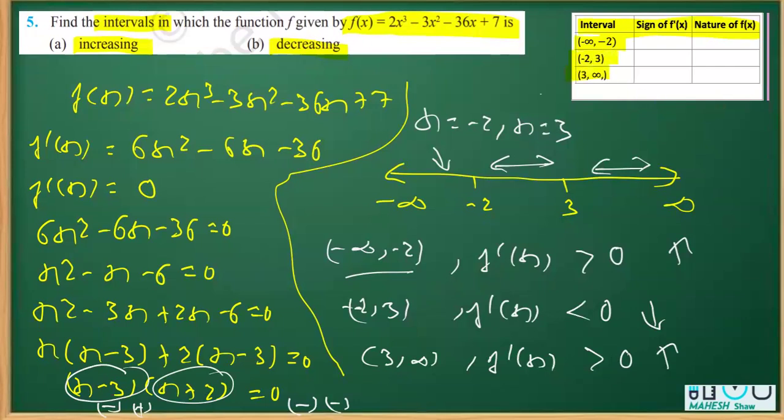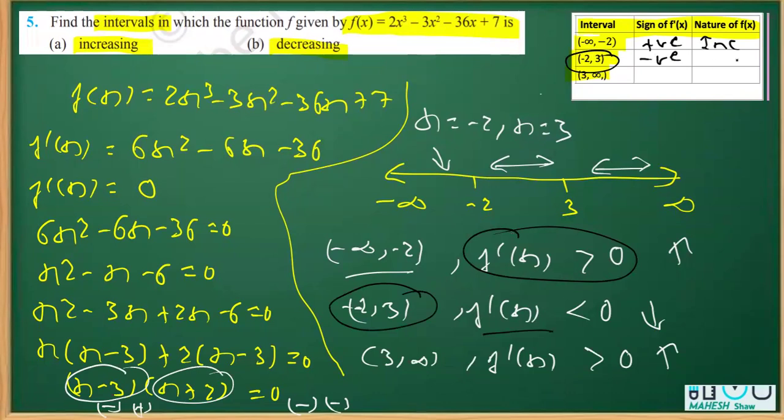Now you can see here that in the interval from minus infinity to minus 2, f dash x is greater than 0. So we'll say that the sign is positive here and the function is increasing. Similarly, in the next interval, minus 2 to 3, the sign of f dash x is less than 0.